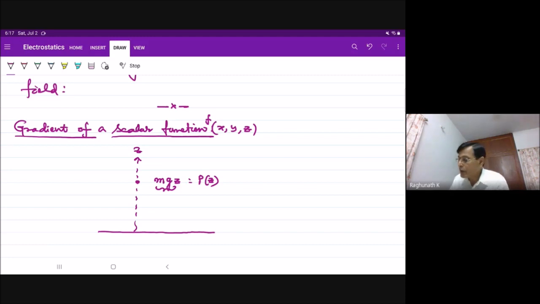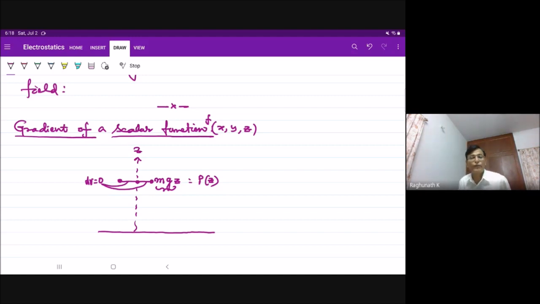From this point, if I move through a distance dl to the right, what is the change in potential? To the left or in any direction on the plane, horizontal plane at that height z, wherever you move, potential is same. Along these paths, dV is equal to 0. You agree this? Because we are there on a horizontal plane, which is considered to be an equipotential surface.